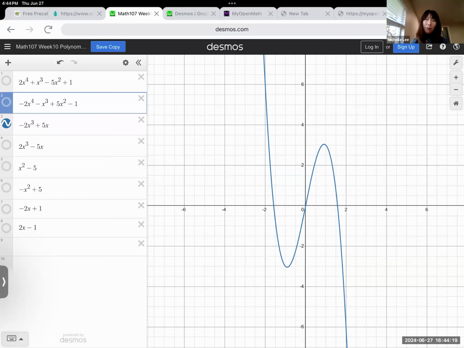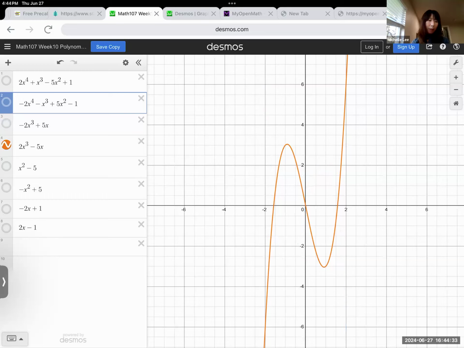If a negative, left arm up, and then right arm down. The orange one is positive, which means the first coefficient is positive, positive 2, then left arm down, and then right arm up.